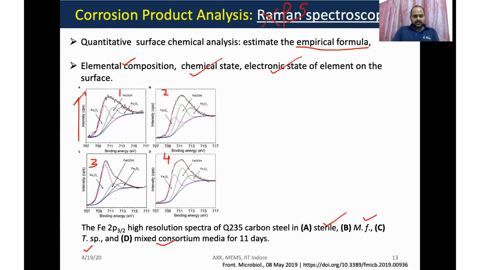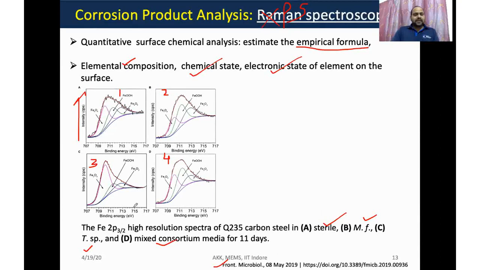You can go through this reference to get the details about this system, but we are not much concerned about the medium. Our concern is that when the medium is different, it shows a difference in the corrosion product.